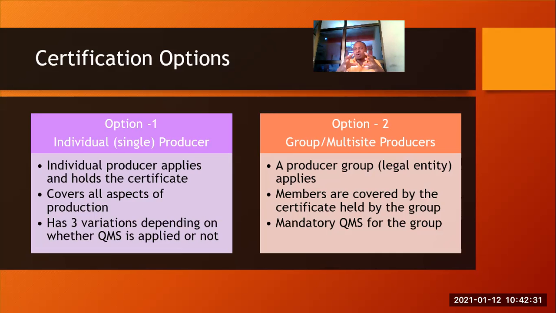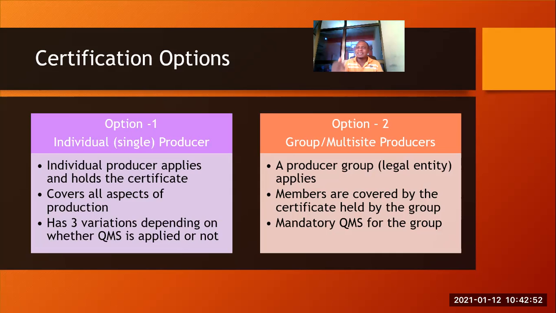You can let those people form a group, let's say a cooperative, and then the cooperative will go for the certificate. And then once you buy from that cooperative, you'll be allowed to sell it as a GlobalGAP certified produce.